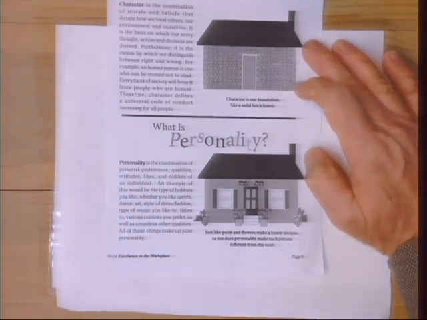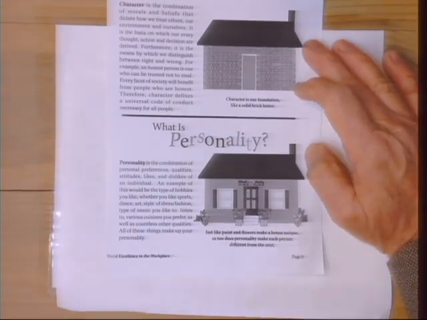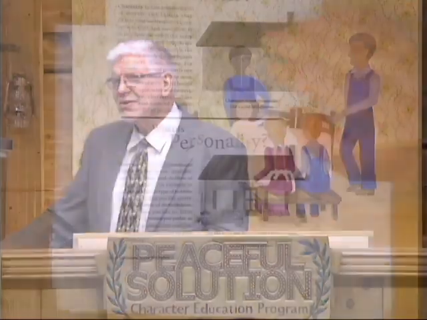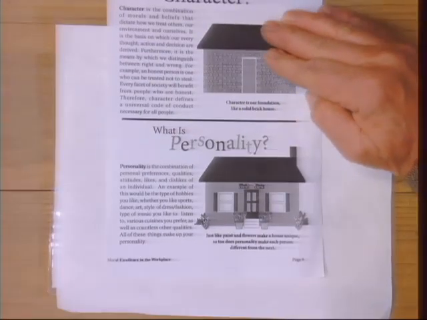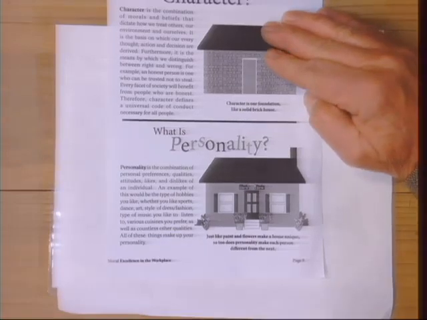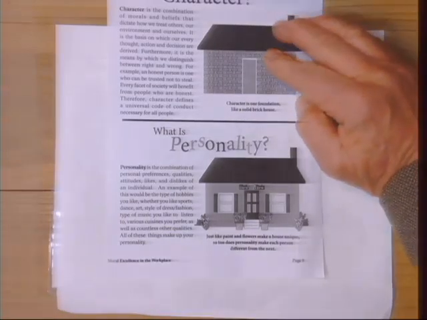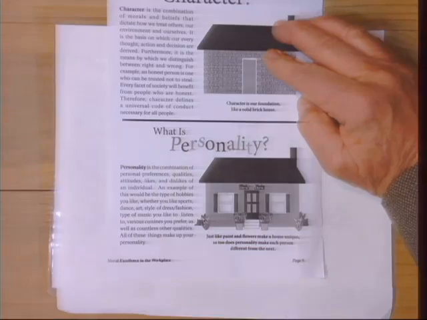I thought it was a great picture to put in people's minds for the difference between character and personality. Here's a solid house with a great foundation, and that's what character is. It's your foundation. It's what dictates your moral and ethical beliefs. It's what helps you determine what is right and wrong.